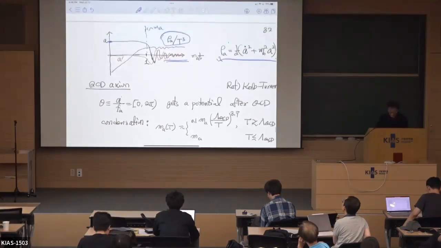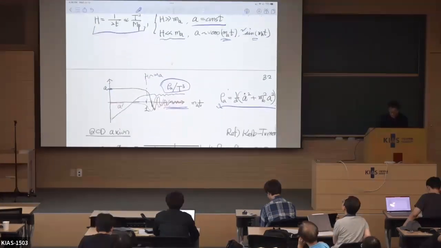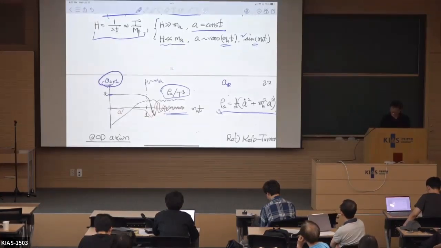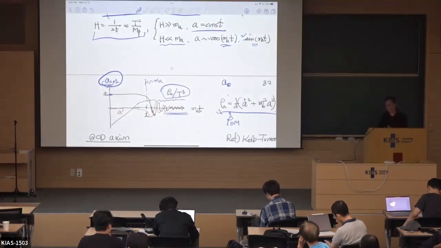So if you assign some initial value A_1, or A_0, some appropriate value, depending on the mass, you can produce the right amount of axion energy density. This applies to any scalar field.